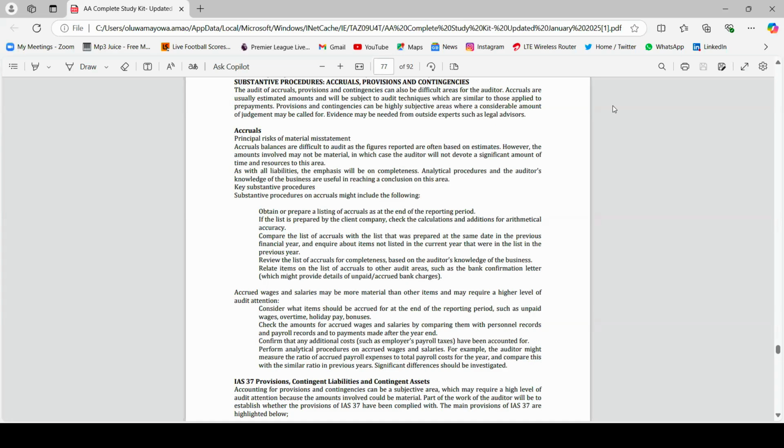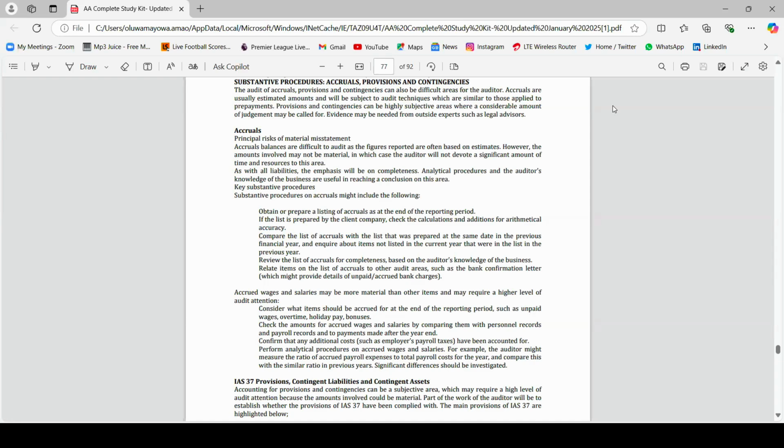So it's testing that these figures make sense. Are they in line with accounting policy? What does the standard say around this? Take, for instance, provisions. IAS 37 has a definition of provisions. Does the management's definition meet what the standard says? When it comes to provision, how do you provide? Is management's basis in line with the standard? So the auditor will also be testing for that.